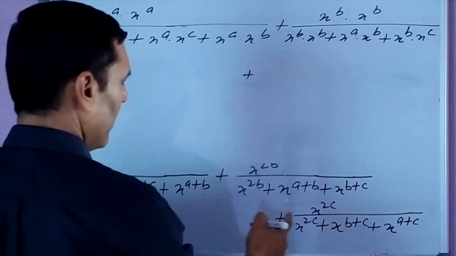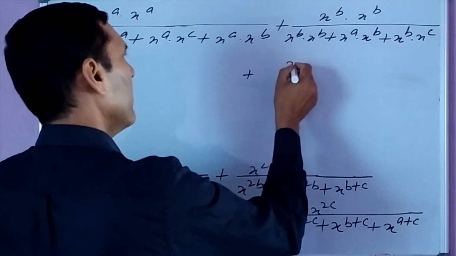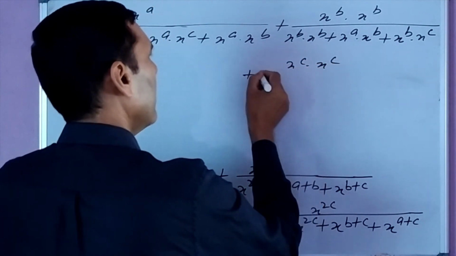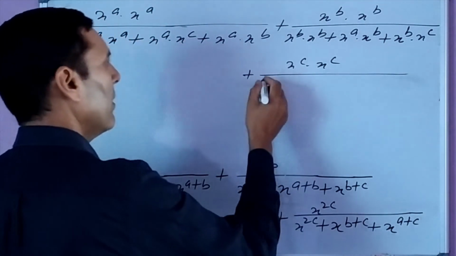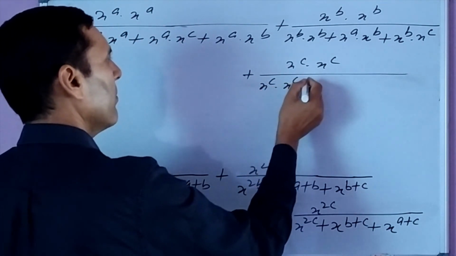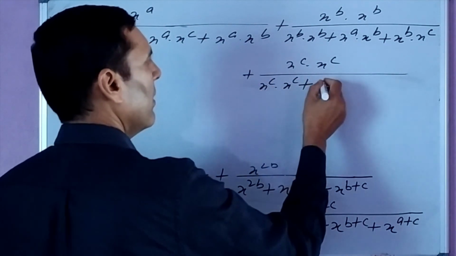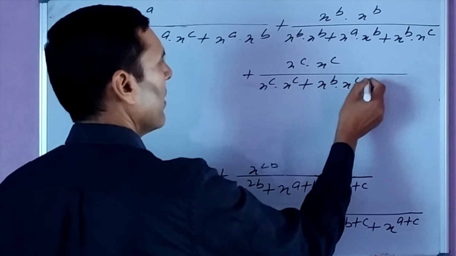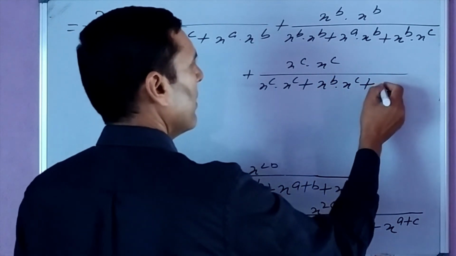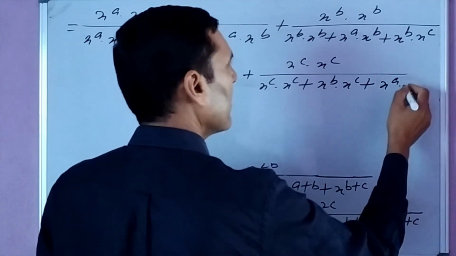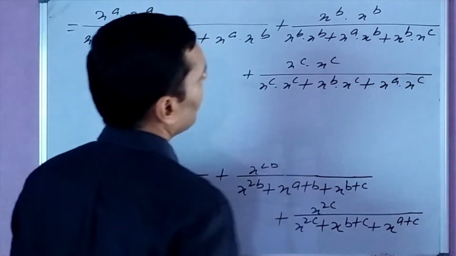And third term: x to the power c into x to the power c, all upon x to the power c into x to the power c, plus x to the power b into x to the power c, plus x to the power a into x to the power c.